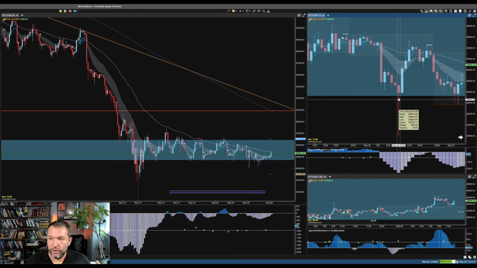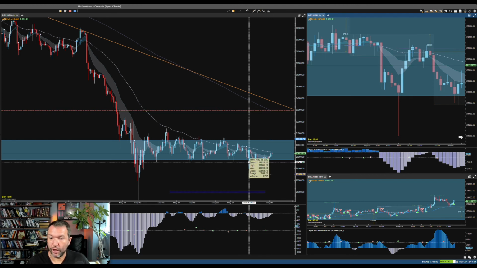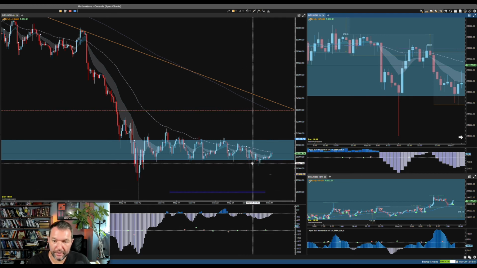So if you have the discipline to actually exit on the candle close, as I talk about in most of my videos, whether it's for stop losses or entering new trades, you always have to wait for candles to close. Why? Well, for example, even here, when this candle was bearish and it was all the way down here, a lot of people who are bears started to short sell.